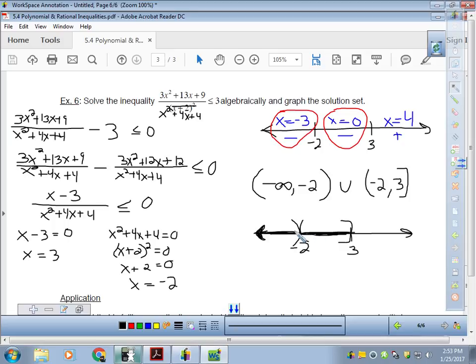Now, the little double parentheses on negative 2 tells you that negative 2 is not going to get included. It's pretty much anything in this whole interval but negative 2. We just can't include that negative 2. Okay. So there's how that one looks.